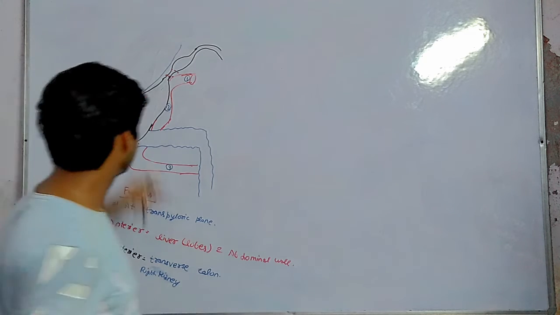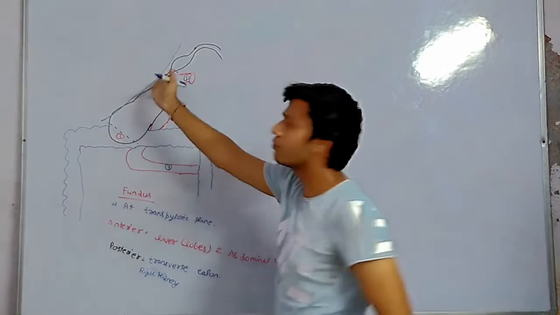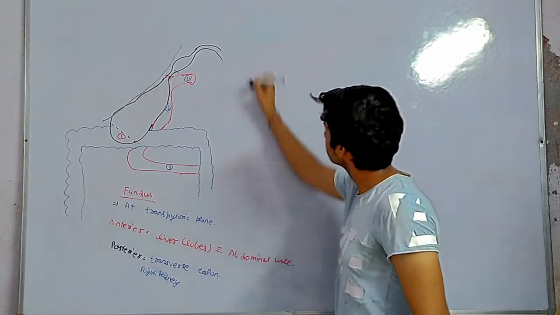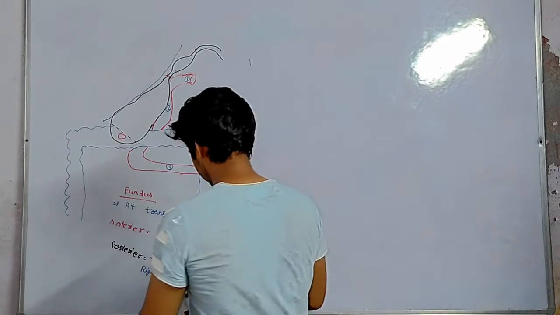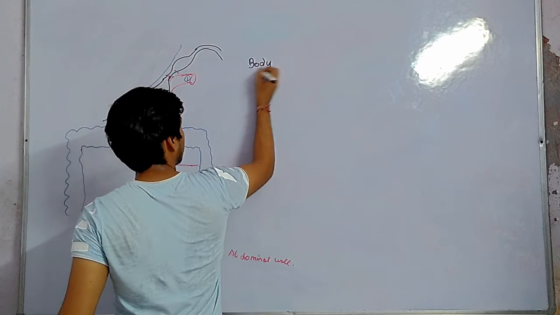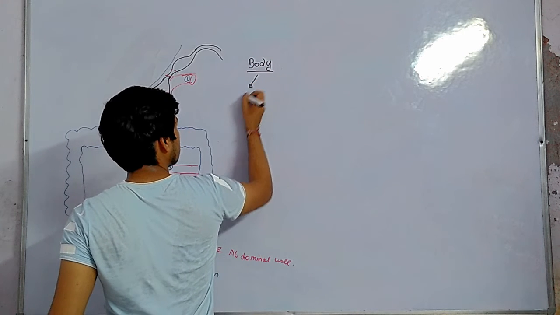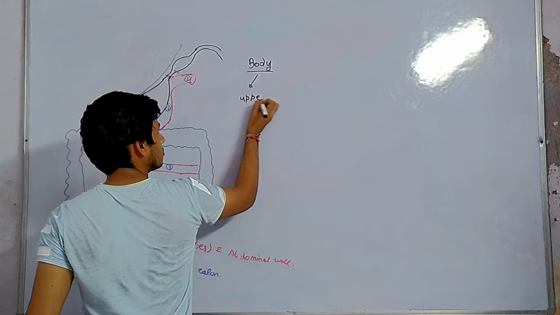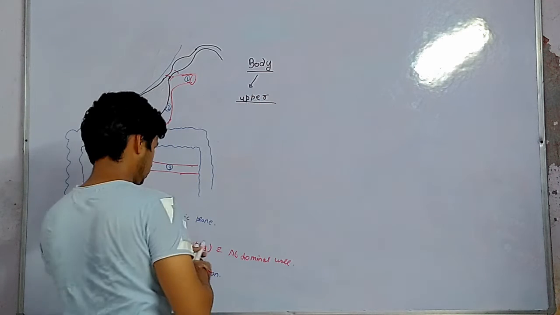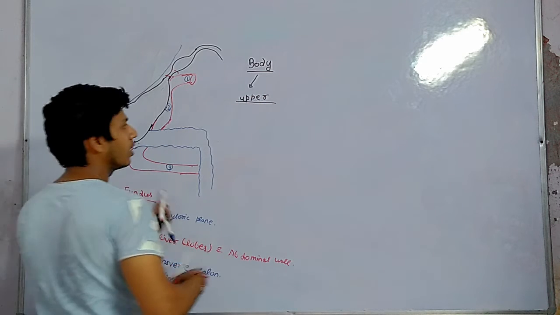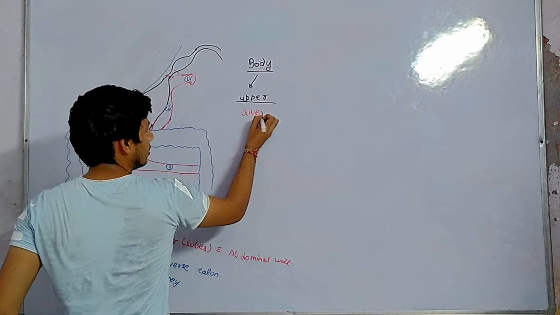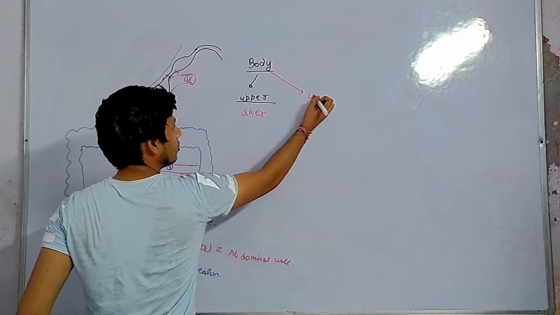Then come to the body. For the body we have an upper surface and a lower surface, the lower or oblique lower. On the upper surface we have the liver, the inferior border also the liver will come, liver and lower oblique.